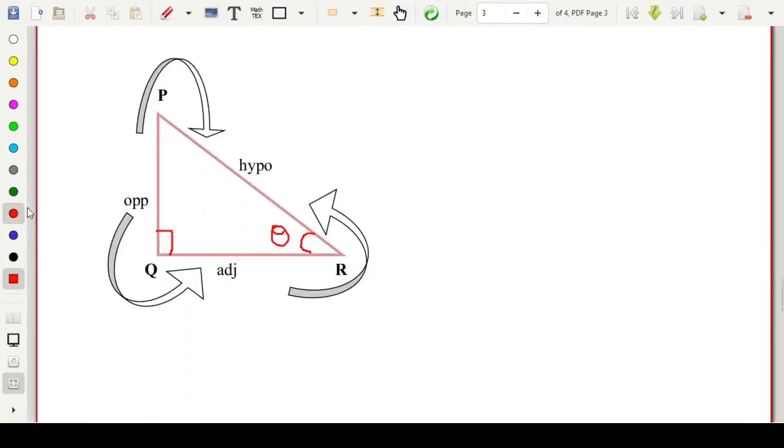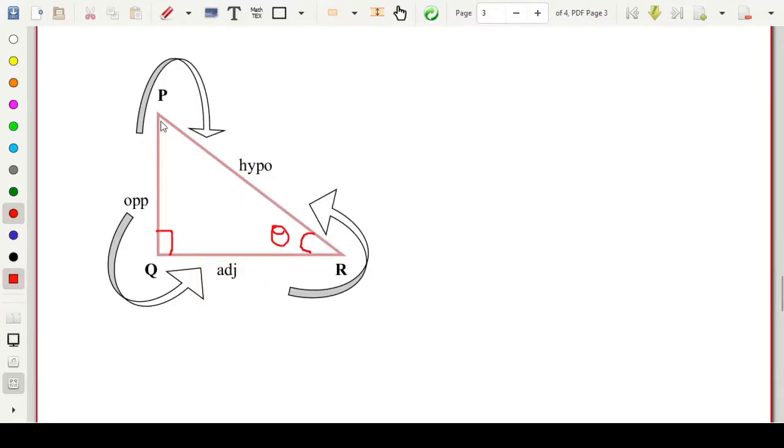Here is a triangle PQR. The side which is opposite to 90 degrees is the hypotenuse. The side which is opposite to theta is the opposite, and next to it is the adjacent. Now let us compare.